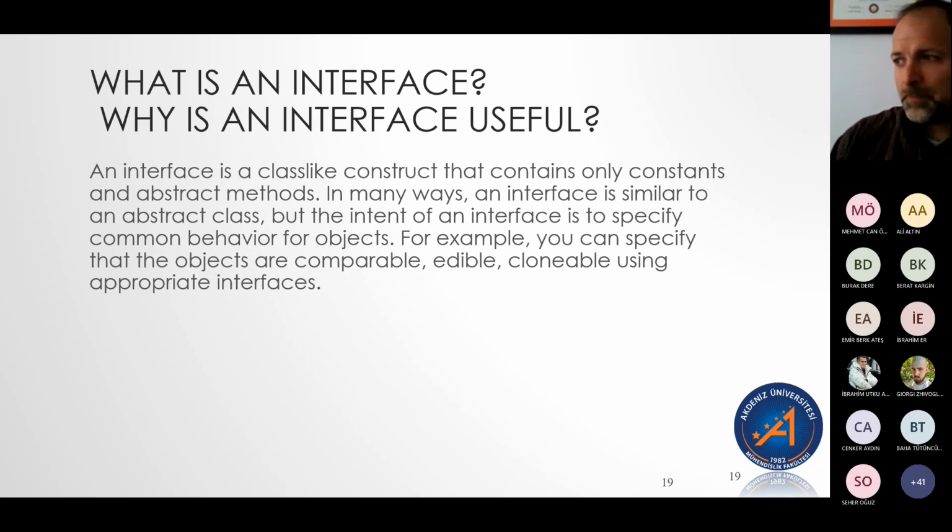For example, some interfaces that are common and already done, we'll talk about, are Comparable, Edible, we'll talk about an Edible interface in just a moment, and Cloneable. So notice the able, or I guess in Turkish that would be abilir or ebelir, right? So it's comparable, it's able to be compared, it's edible, it's able to be eaten, it's cloneable, it's able to be cloned.